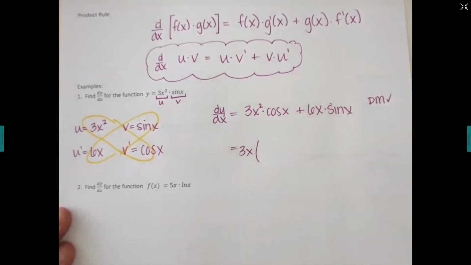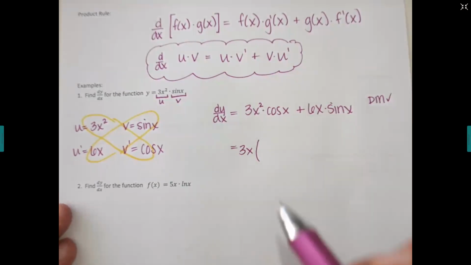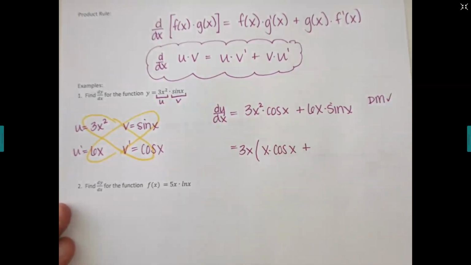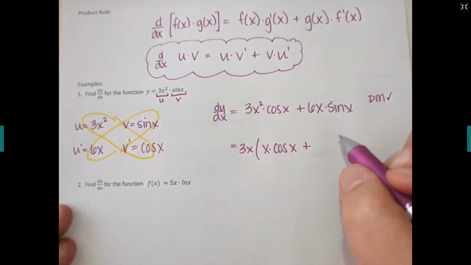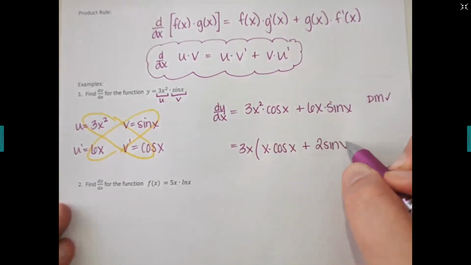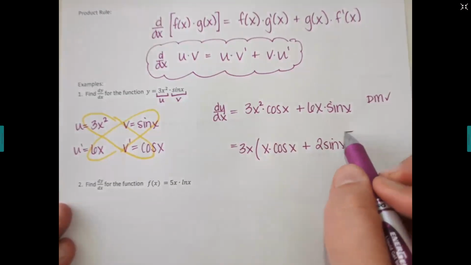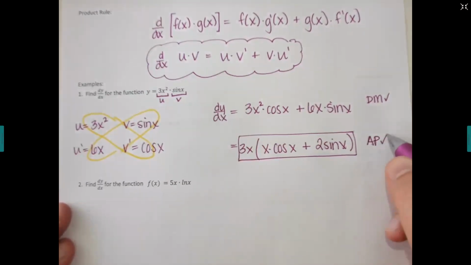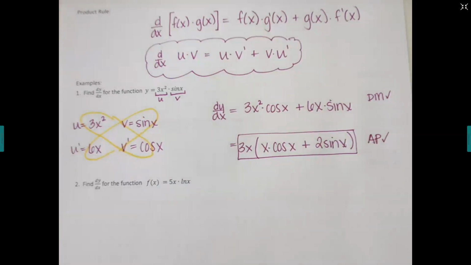So that would leave me with, my 3x squared would now just be an x cosine x. What would happen to my 6x? 2 sine x, very good. Okay, but these are both correct. For the AP test, you should write it the second way. Delta Math, though, the first version is fine.